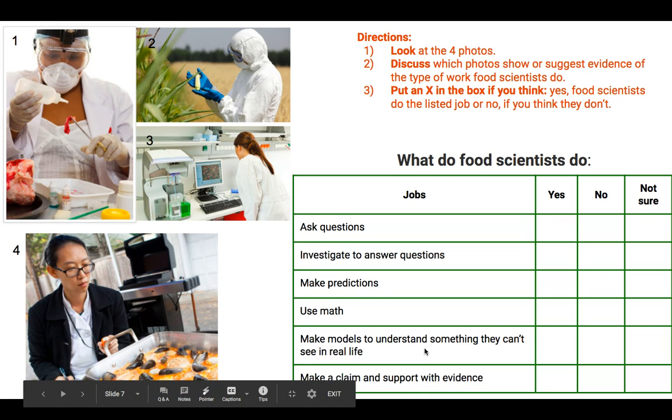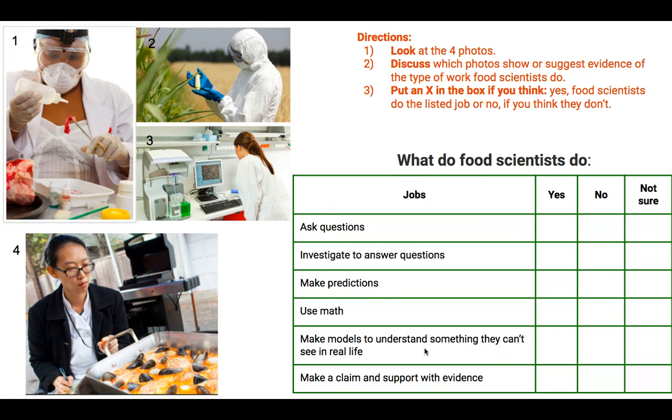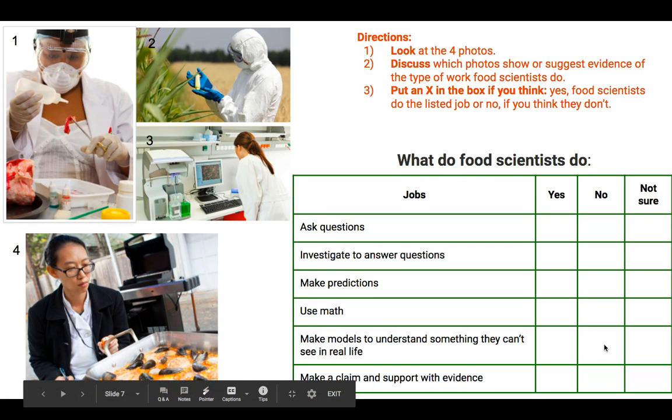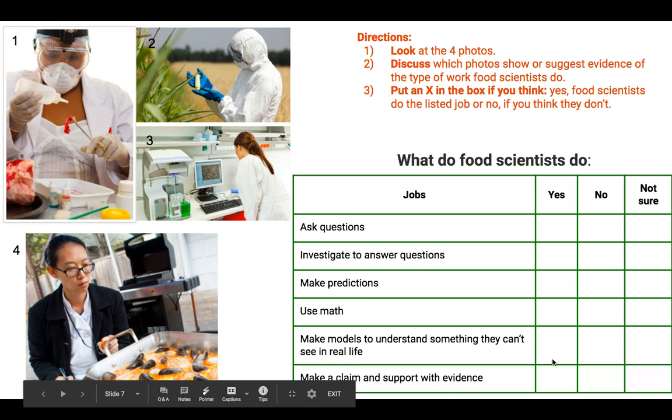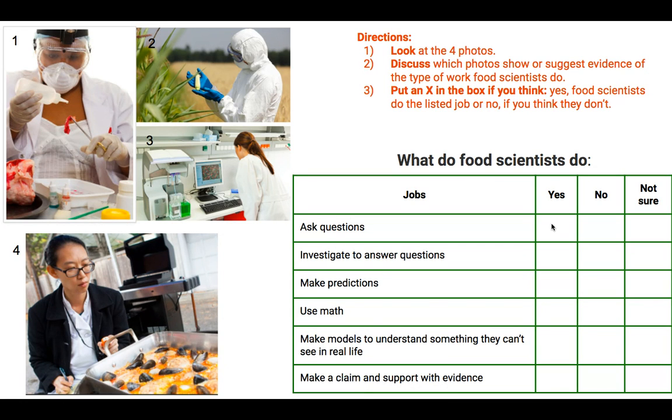Do food scientists make models to understand something that they can't see in real life? Yes or no? Do food scientists make a claim and then support with evidence from their research? Yes or no? Remember, you are going to complete this chart by putting an X as your response in either yes or no to each job.